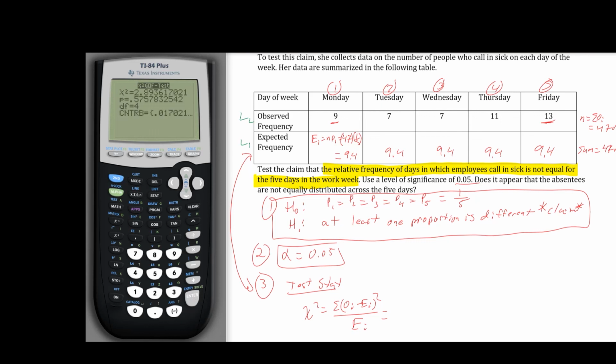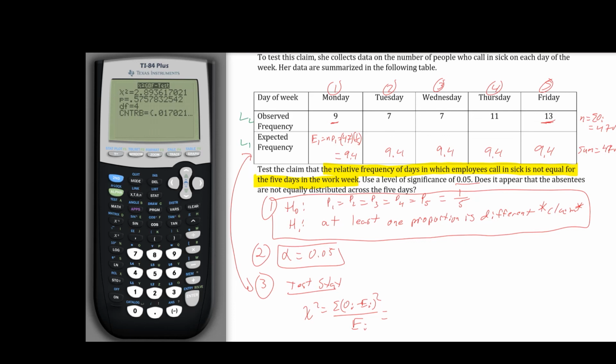All right. My test stat is 2.8936. But my p-value is pretty large, right? We're not going to be able to reject the null hypothesis. Just by looking at those numbers, we expected 9.4 people to be calling in sick each day.